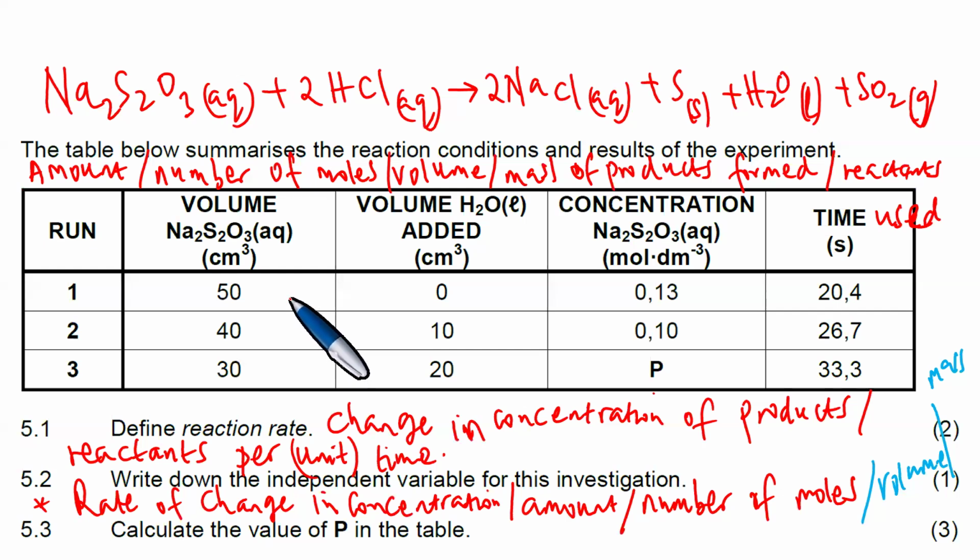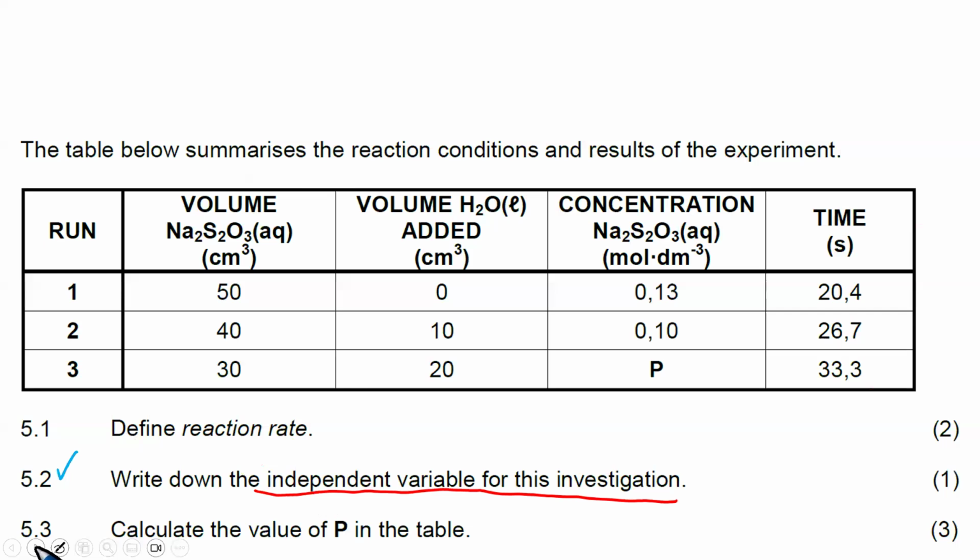So in each run, the same volume of HCl is being used. But let us look at what is happening. Write down the independent variable for this investigation.